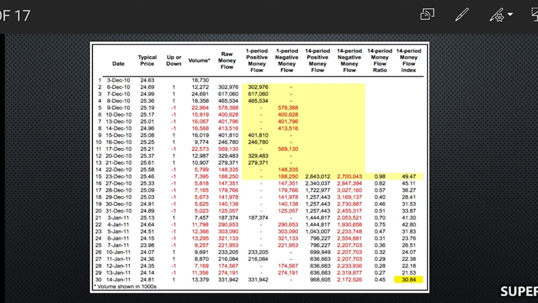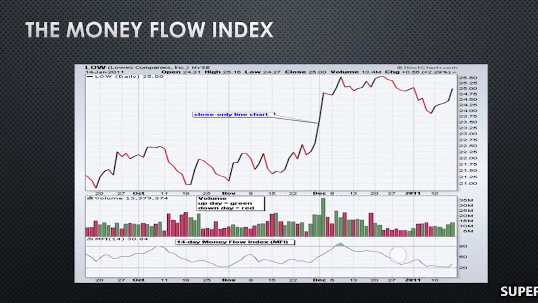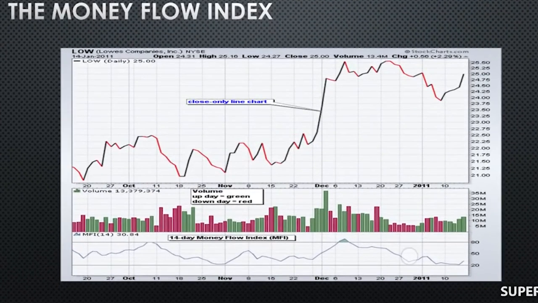Okay, so we are applying an equation like the relative strength index here, and now we are plotting the money flow index in a graph. This is the money flow index graph.